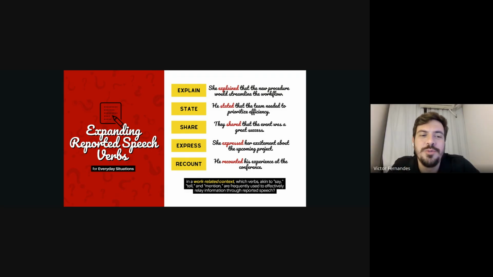But we have some other words that you can also use in reported speech. They all have their own idea, such as explain, state, share, express, and recount. Recount as retell the story. Express to show, sometimes it's related to feeling. Share is related to experiences.